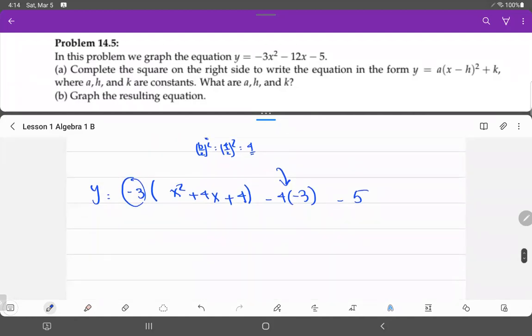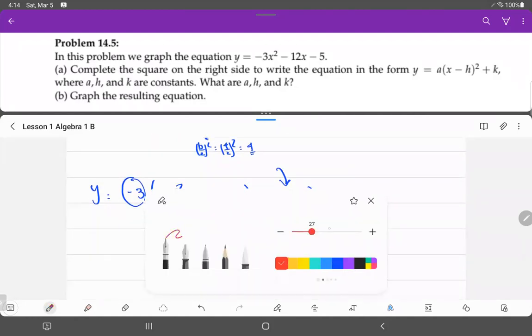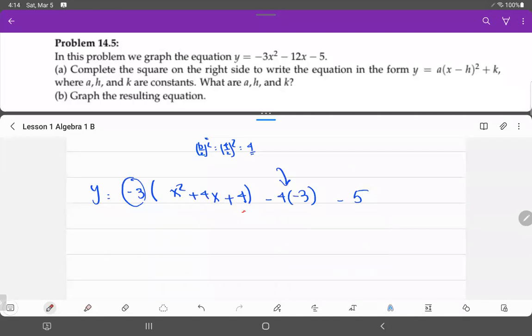Now I have a perfect square. These guys together, so y equals -3 and these guys together. -4 times -3 is +12, minus 5 is +7.